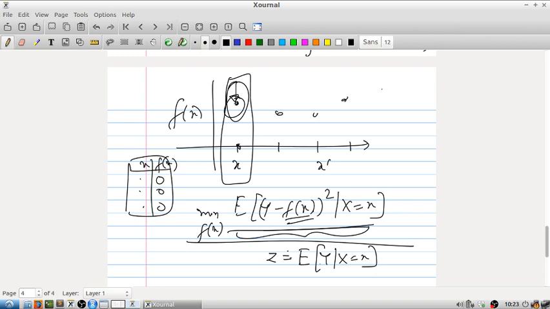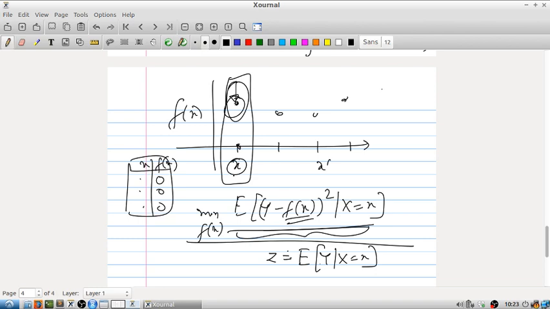When I write little x, the variable x takes a particular value. For example, it can take value 1, 2, 3, 4. In my previous example, I was just saying x. So the variable x takes a value 1, 2, 3, or 4. Let me fix one of the values.